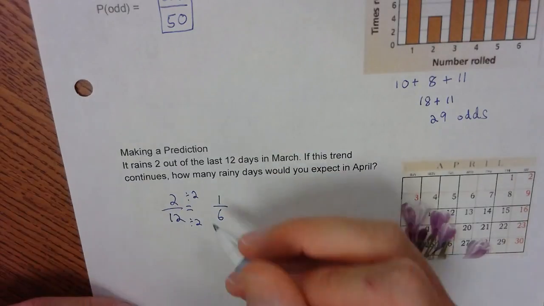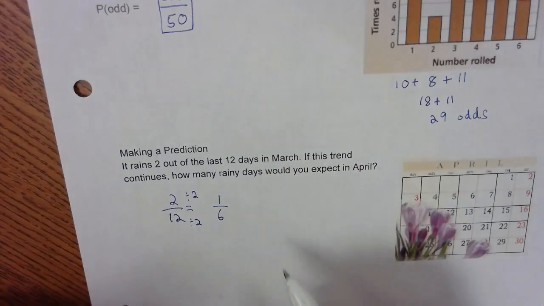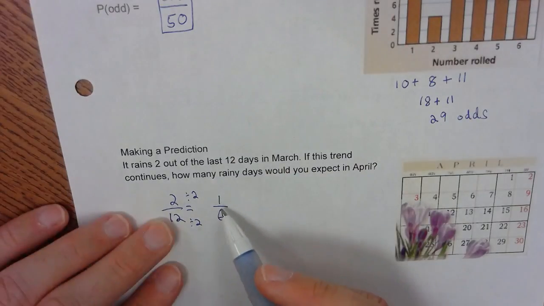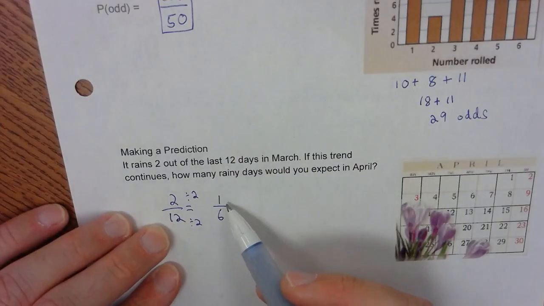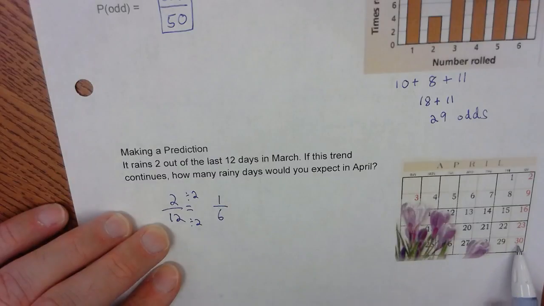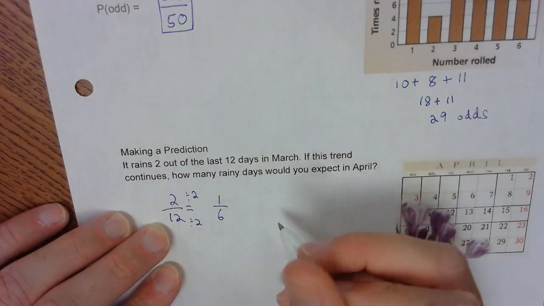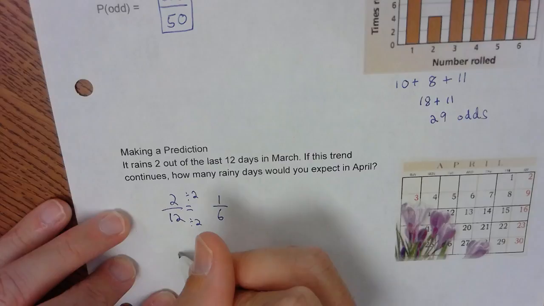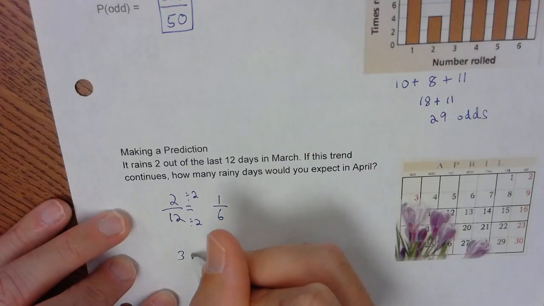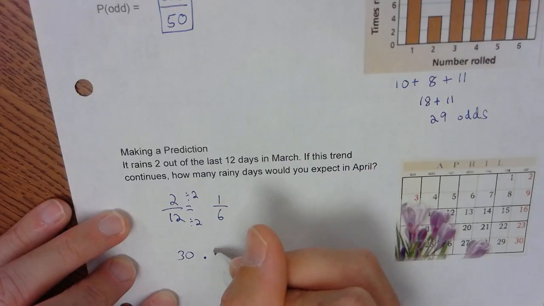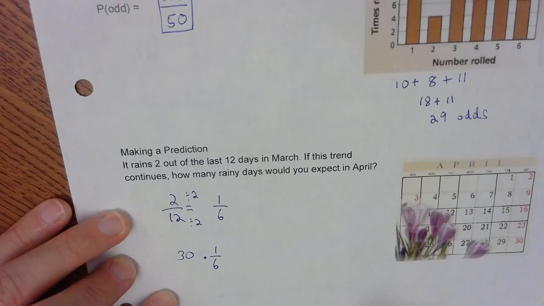Now let's go back to section 10.2. I have my probability of 1/6, and my number of days is 30. I'm going to multiply those two numbers together to get my answer.